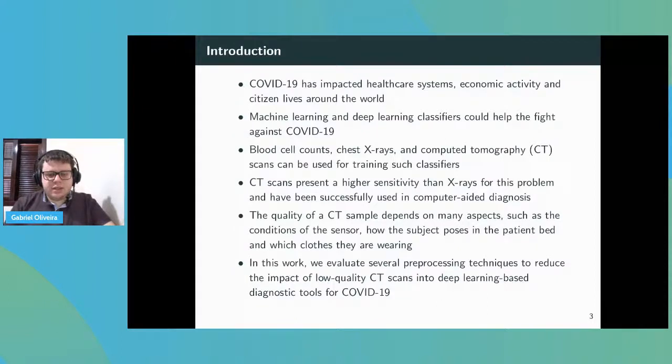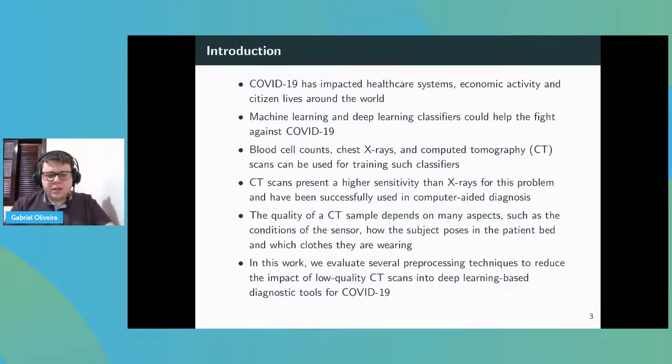Considering the CT scans, they present a higher sensitivity than X-ray images for this problem and have been successfully used in many disease diagnostics using computer programs. However, this kind of data has some problems.